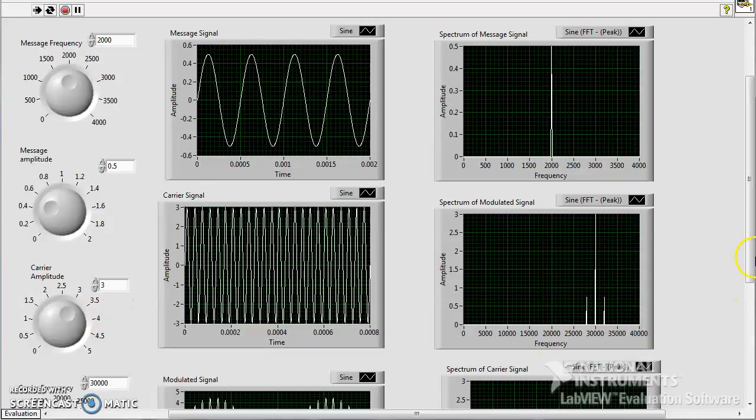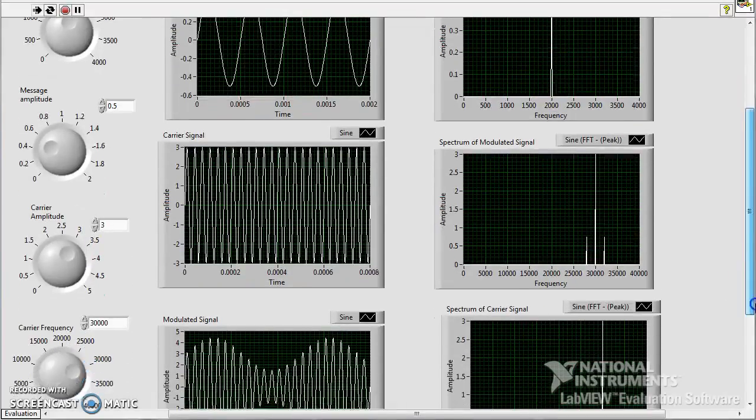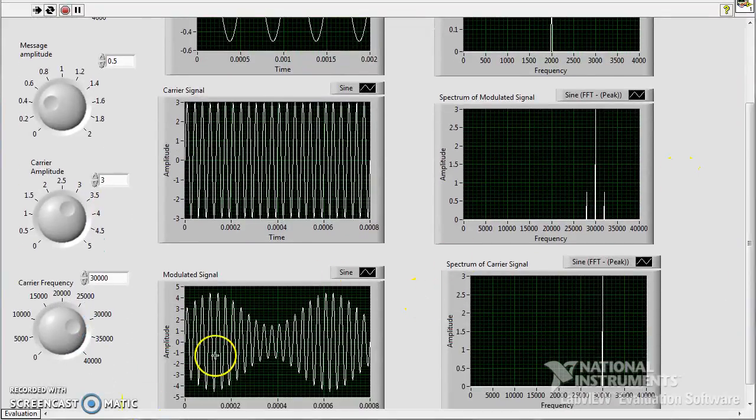Coming up with the modulated signal, since the amplitude of the message signal added with 1 is less than the value of the carrier amplitude, yes, we have undermodulation, where we could look into the envelopes, that is the peaks of the carrier signal.